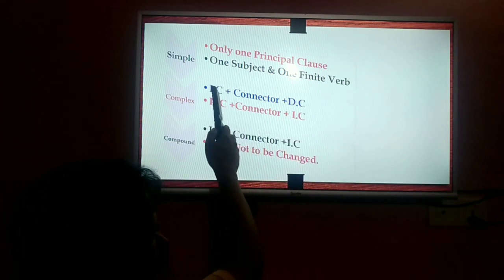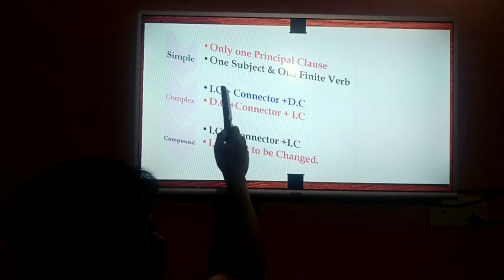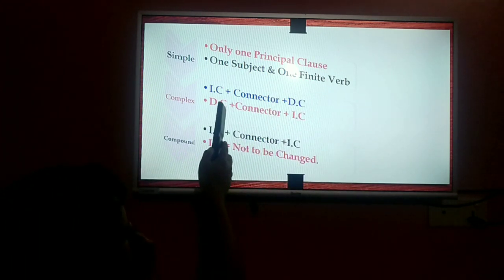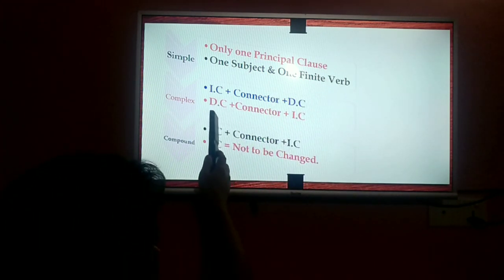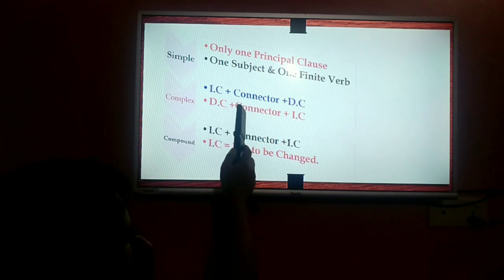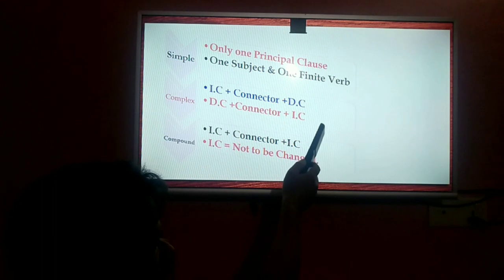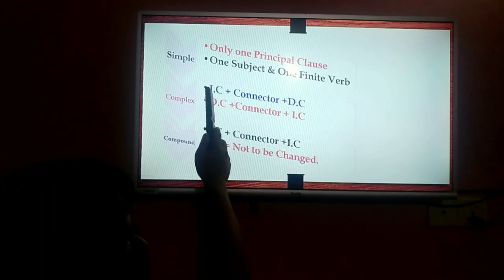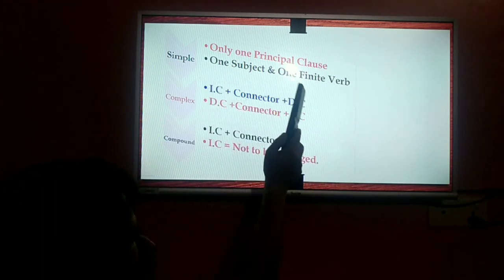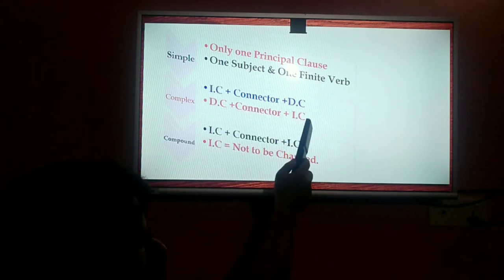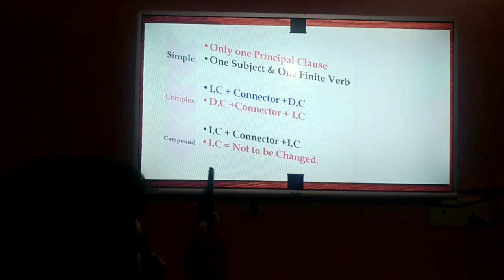Independent clause is not to be changed and dependent clause is to be changed, or dependent clause plus subordinator or connector plus independent clause. That means one independent clause, then dependent clause, or dependent clause, then independent clause.